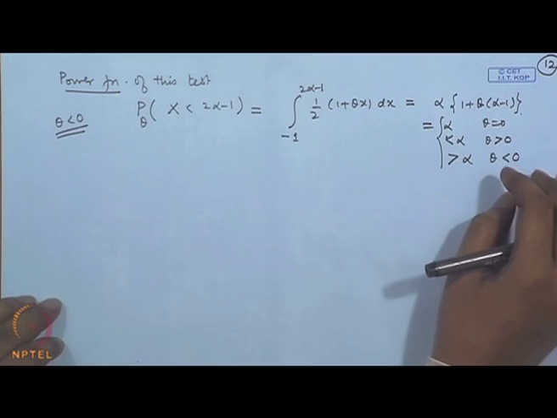So, the result which I stated when we were giving the result about the UMP test is exactly shown to be satisfied here. Let me read out from the statement that we gave that day.